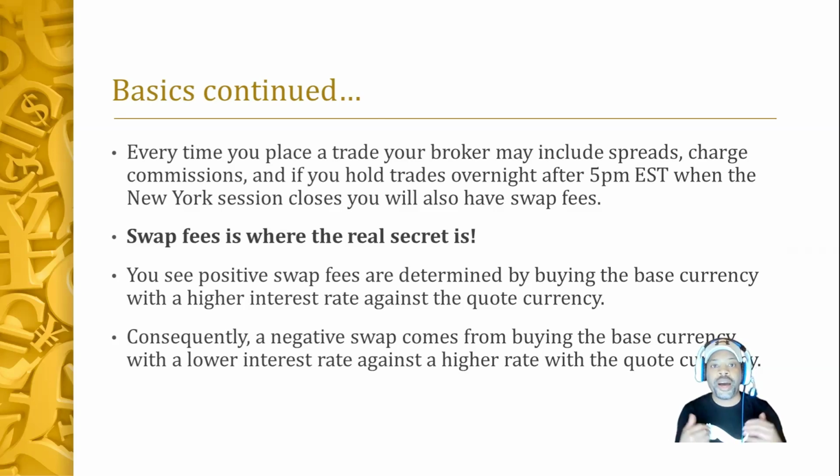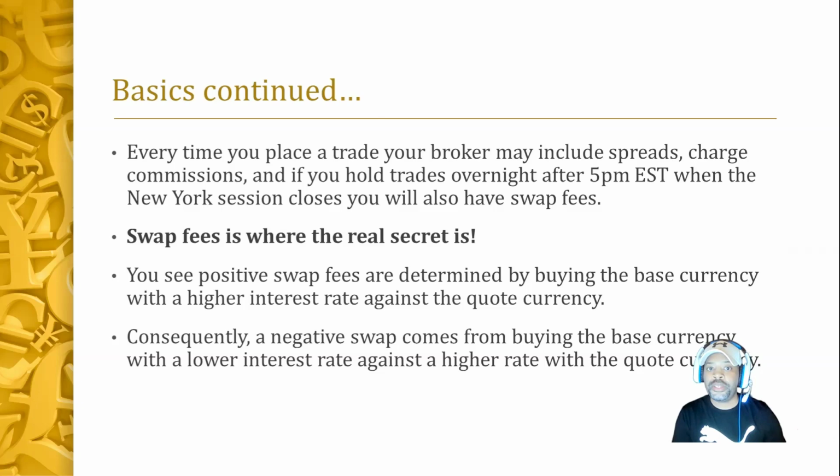So I actually discovered this secret by making a mistake. Normally, I like to have all my trades closed by around 2 to 3 p.m. every day. That's because I always wanted to avoid paying swap fees, because a lot of times the swap fees were negative, and I didn't know what would happen when the Asian session came around.